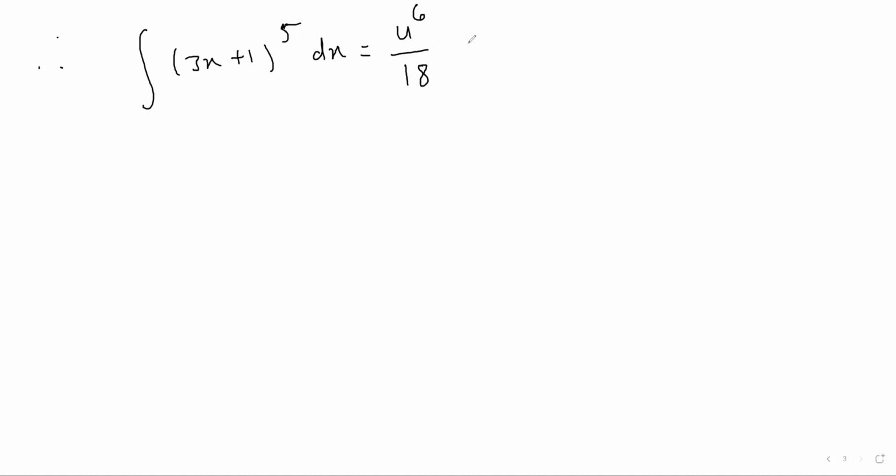But then we have to write down our answer. We have to write our answer in terms of x, because we're working with x's. So now that we have the answer to this indefinite integral, we will replace the u with what we said u is. We said u is equal to 3x plus 1.